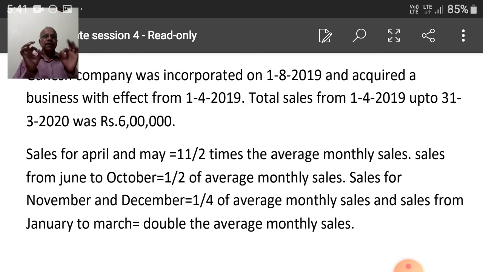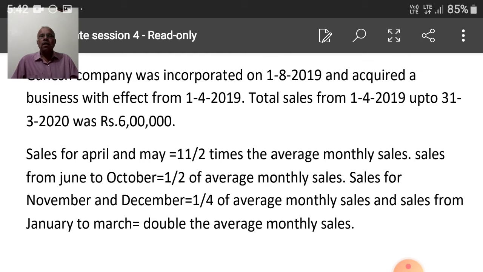Sales for November and December are 1/4 of the average monthly sales.